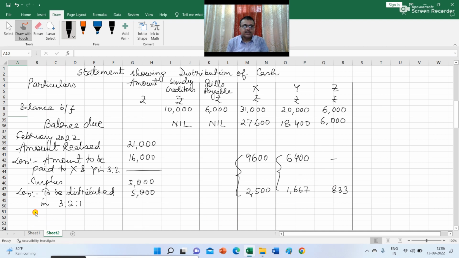Now we have to see what is the balance after disbursement of the realization of February 2022. So we have to calculate here the balance due. So balance due to X is 15,500.